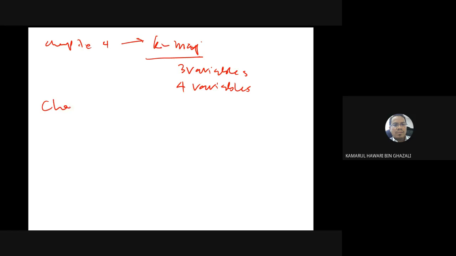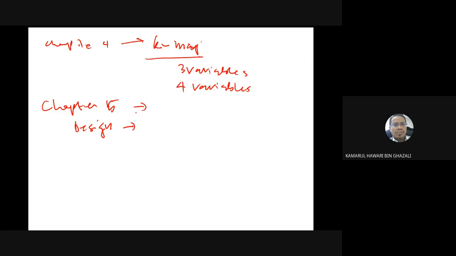Chapter 5. Chapter 5 is combinational logic. Combinational logic is a design also. Design combinational logic, combinational logic function. So what you need to focus on here is also the design. It's the same as chapter 3, but chapter 3 is more straightforward and direct and easy.